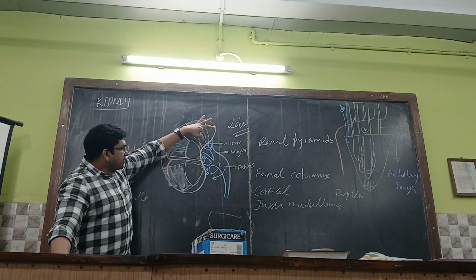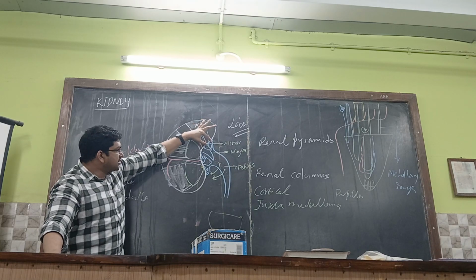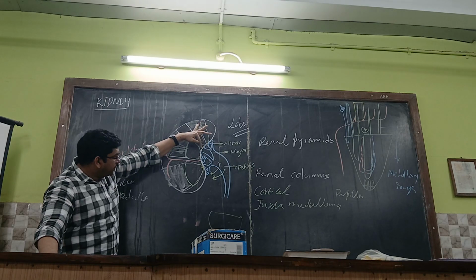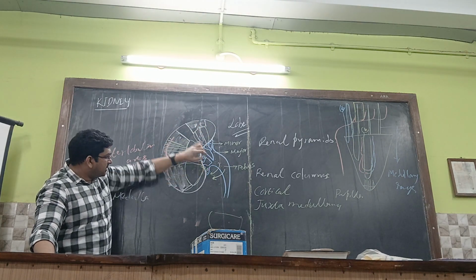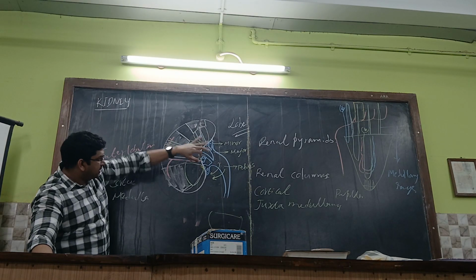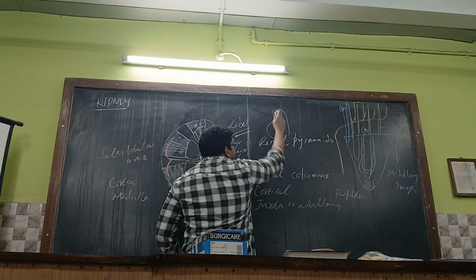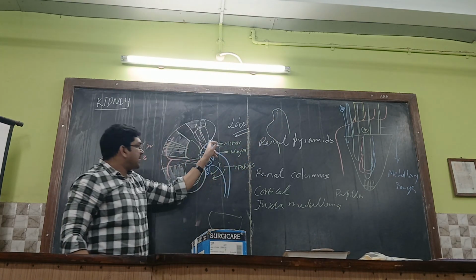So, the papillae are draining the urine from the collecting tubules into the minor calyces over here, which are in this cup-shaped form. These cups are concave, towards the papilla.